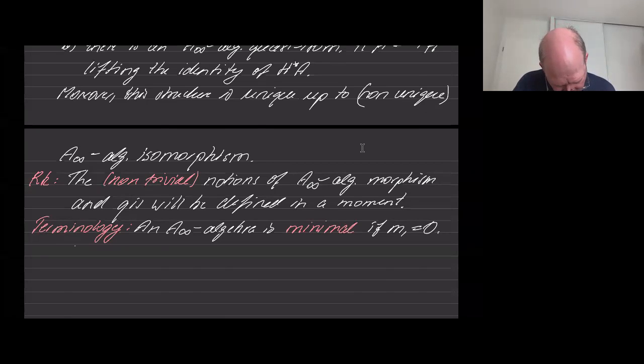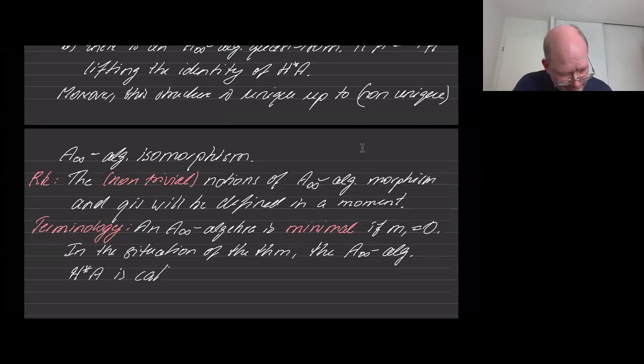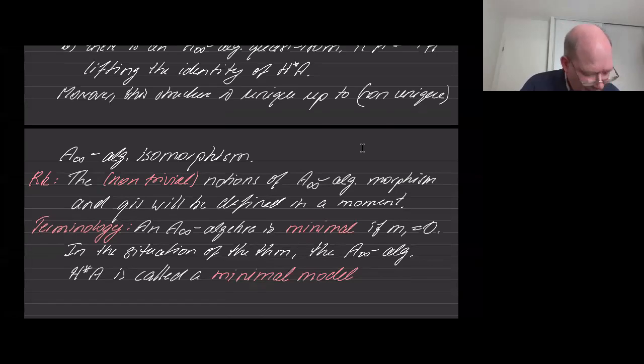In the situation of the theorem, the A infinity algebra H star A is called a minimal model of the A infinity algebra A. So let's look at a simple example.